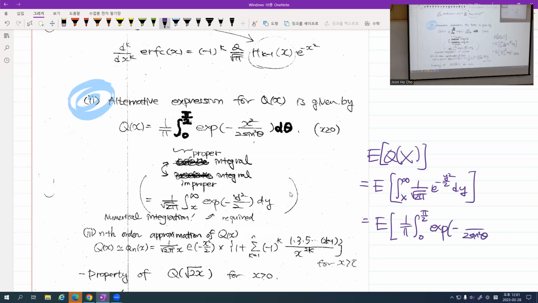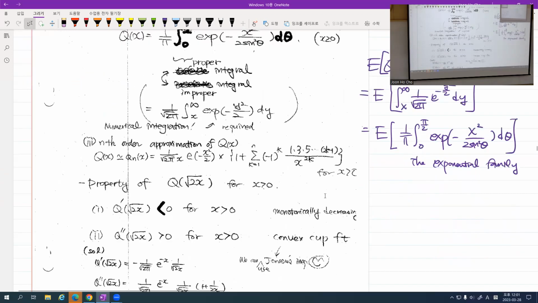That appears inside the argument and even in the numerator of the exponent. And many of you have heard about the exponential family. By the way, what is the exponential family? Any distribution that involves an exponential function in the PDF. For example, Gaussian is in the exponential family because the density is what?